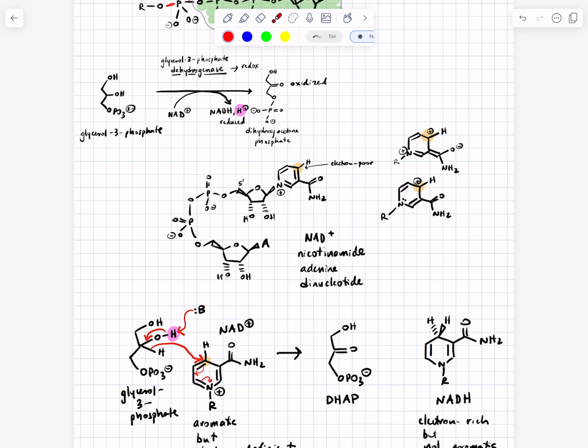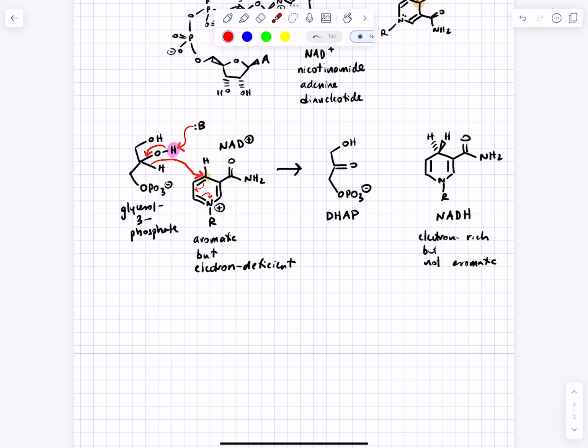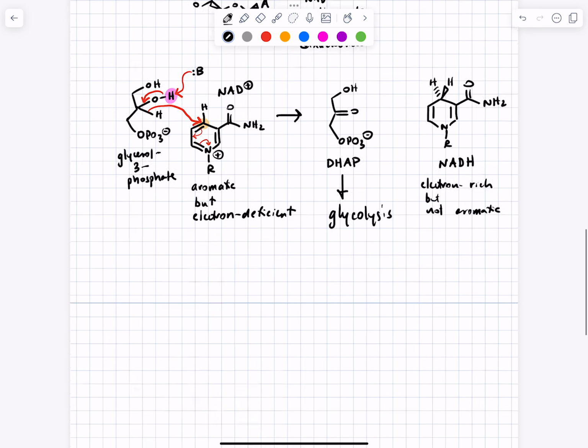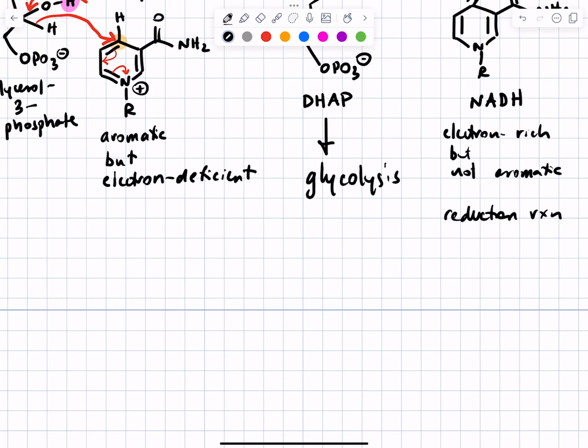Yep. All right, good. So with that, then dihydroxyacetone phosphate goes to glycolysis. NADH can be used for reduction reactions in synthesis, or it can be used to deliver electrons to the electron transport chain.